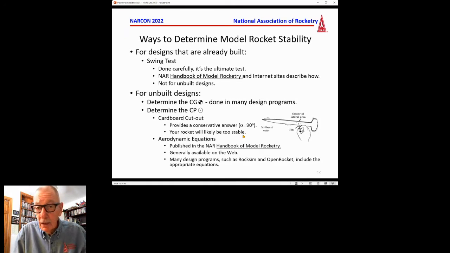Particularly, design programs such as RockSim and OpenRocket and others do include, buried in them, the equations for the center of pressure. And I encourage you to use those design programs, because they can really make it an easy and direct process of getting that.